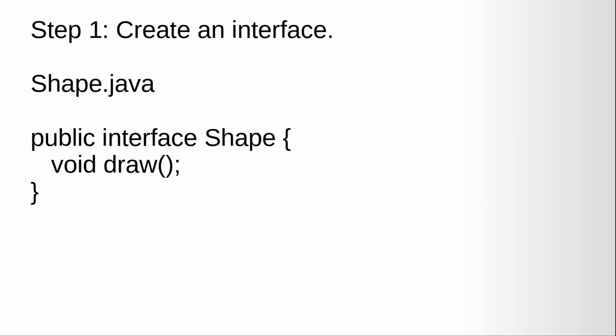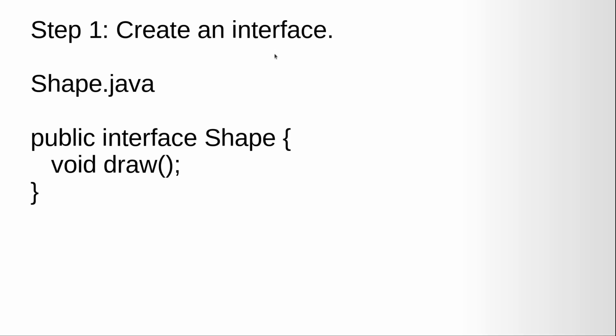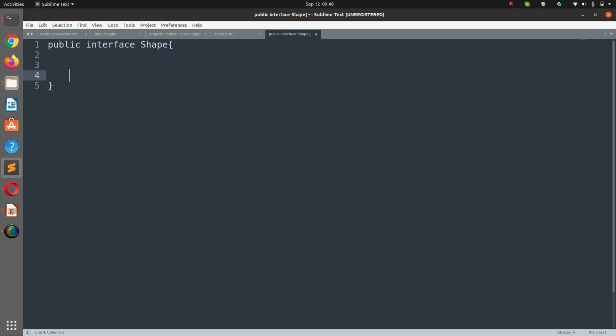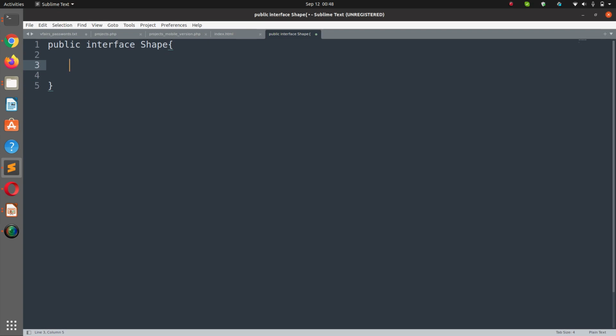shape.java, public interface shape, and this interface has one method definition which is draw, and it returns nothing, so it's void.